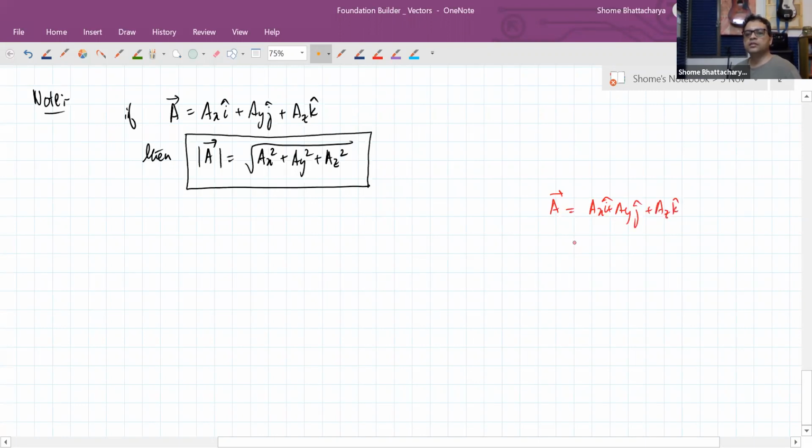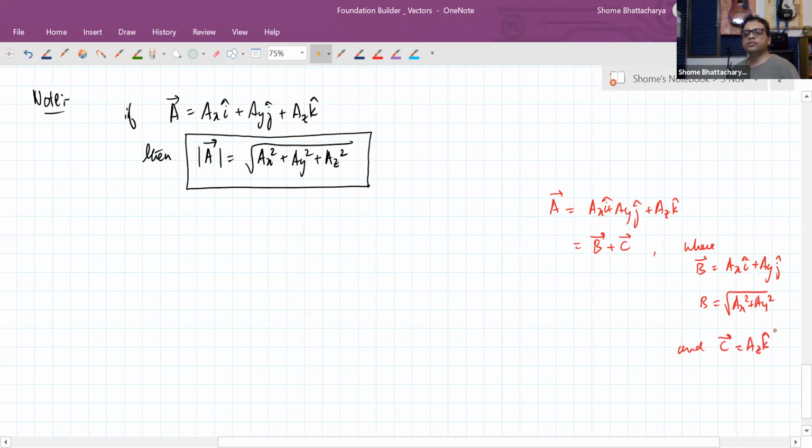Think of A as B plus C, where B is the vector ax i cap plus ay j cap. So the magnitude of B is root of ax square plus ay square, and C is the vector az k cap.